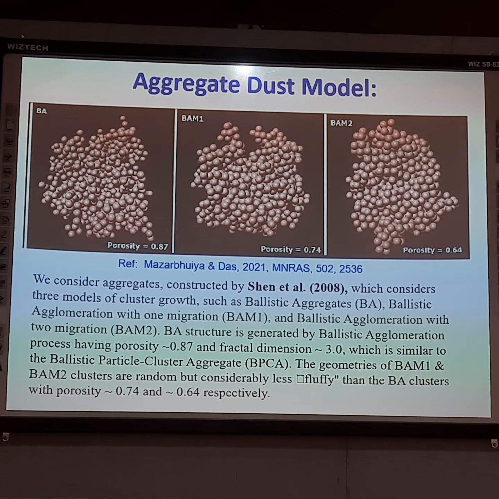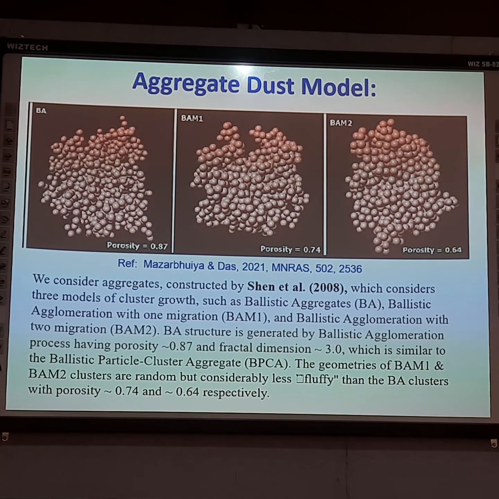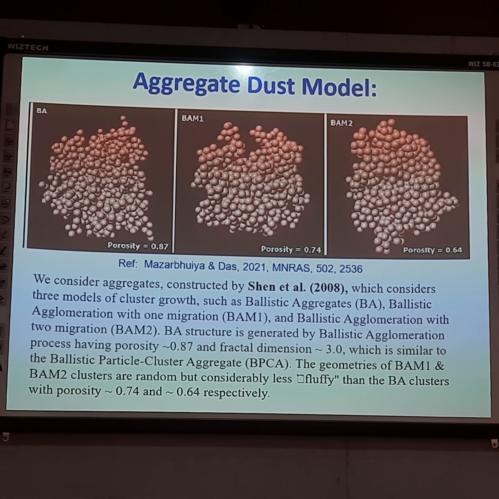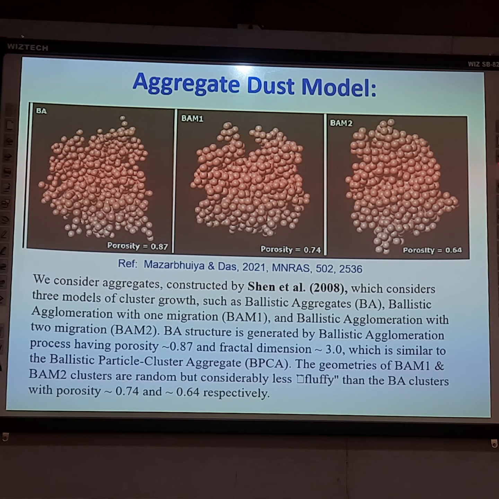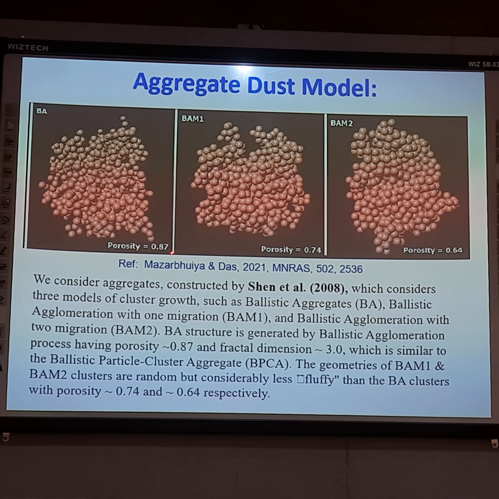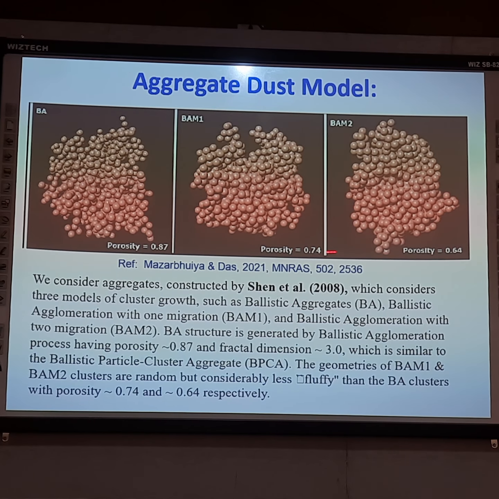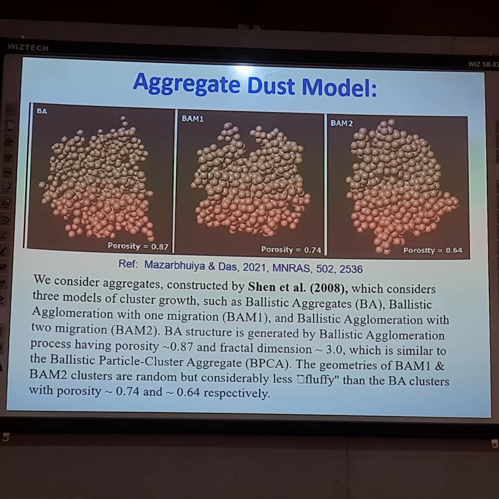So in my work particularly, these are the models. Probably in the beginning of my talk I showed you how cosmic dust looks. So particularly in modeling, we are creating this particle using Monte Carlo simulations, and this is how the particle looks. And you can see these are three types of particles: BA, BM1 and BM2. BA porosity is 0.87, then 0.74, 0.64. Porosity will tell you about the fluffiness of the particles.